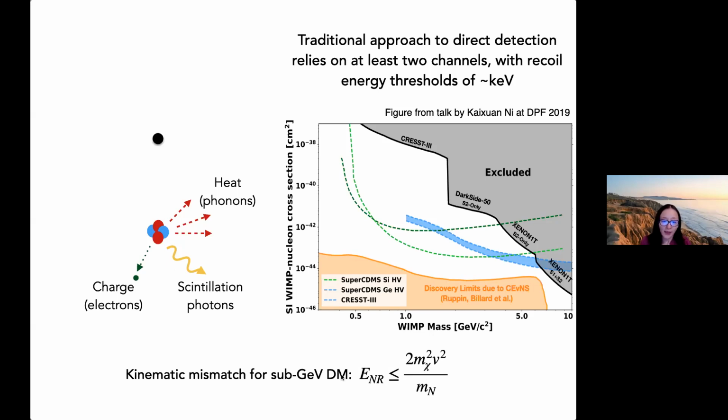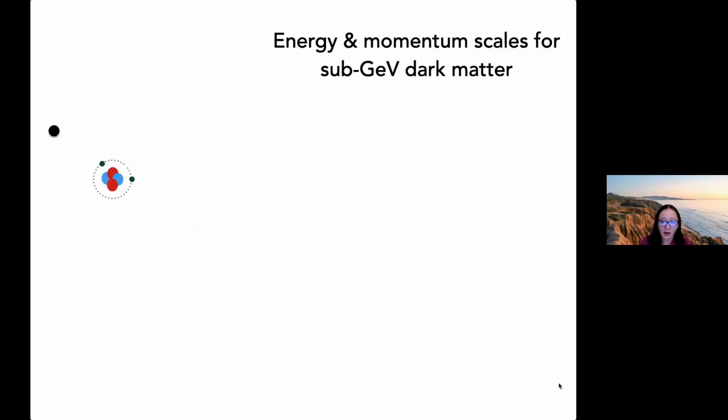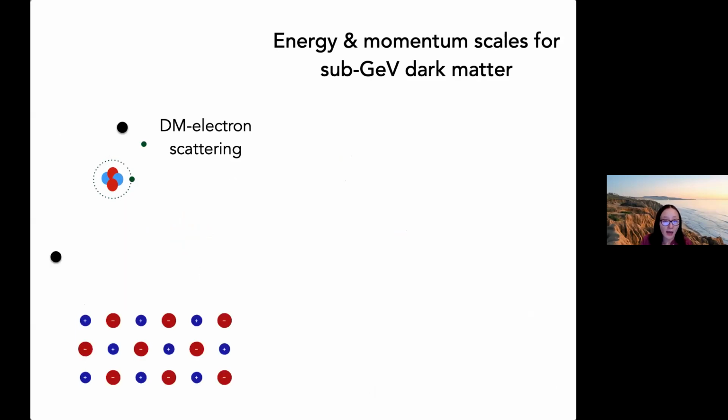So if we think about this in terms of this kinematic mismatch, and now we're motivated to look for this lower mass dark matter, there are, broadly speaking, two kinds of scattering interactions that are now being considered in the literature. One is dark matter electron scattering. Here's my little cartoon again, dark matter creating an ionized electron. Another one is dark matter phonon scattering.